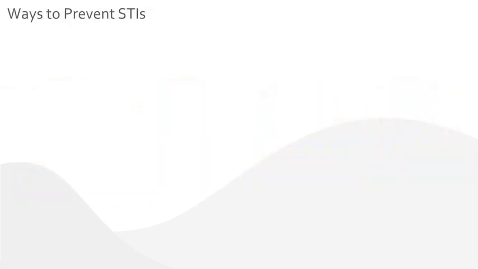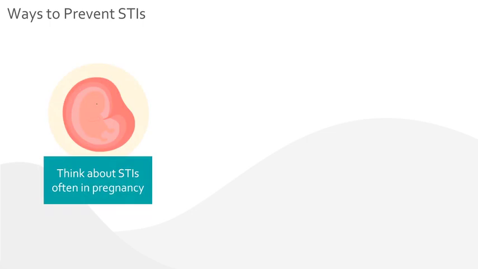There are 3 main ways to support STI prevention work. 1. Think about STIs often in pregnancy. This means remember to think about STI prevention, screening, diagnosis, and treatment during pregnancy, labor, and childbirth, and during the postnatal period. 2.